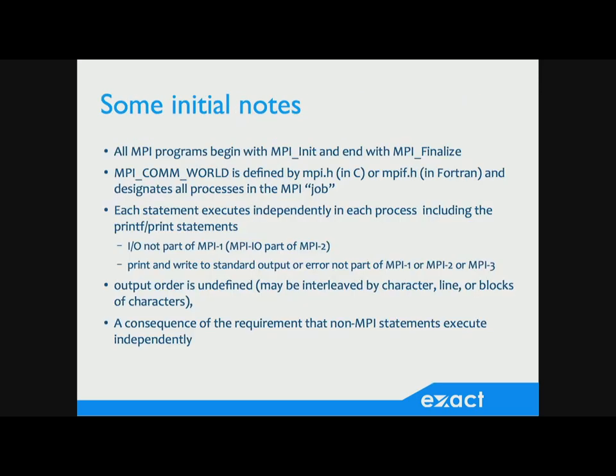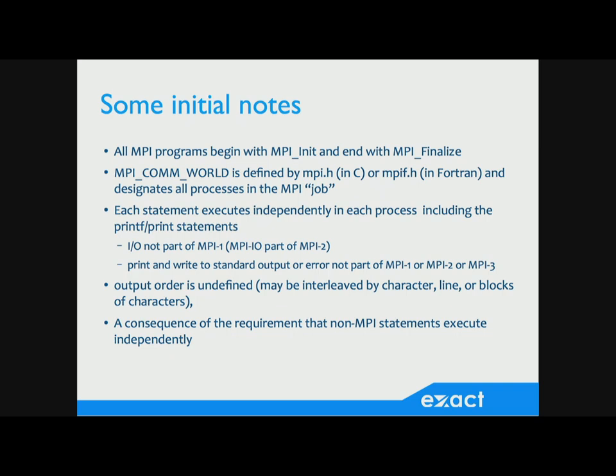Okay, perfect. So, a few notes on the program. All MPI programs begin with MPI_Init and end with MPI_Finalize. Start MPI, close MPI. MPI_COMM_WORLD is an important data type that is defined by mpi.h in C or mpif.h in Fortran and designates all the processes that take part in your program.